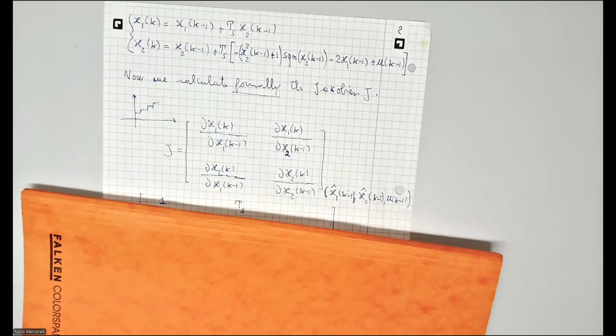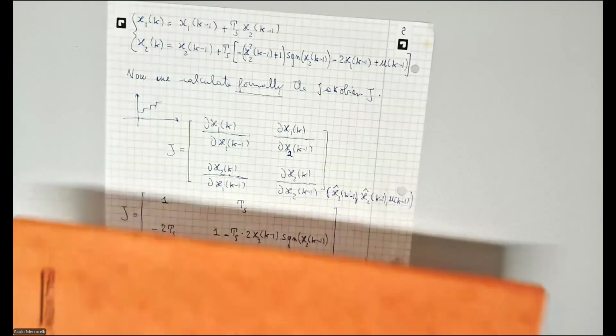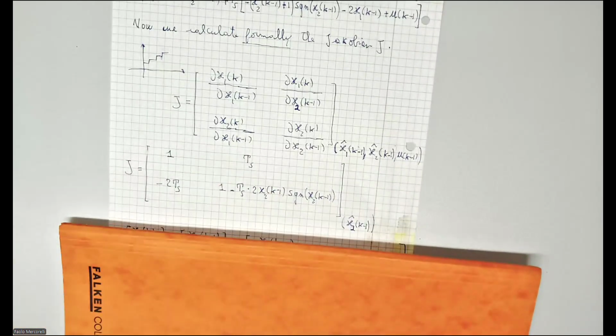We have a different Kalman filter. We have an unscented Kalman filter, which doesn't use the Jacobian. I don't have time to tell about this. But at the end of this course, you have the possibility to go ahead with different Kalman filters. The unscented Kalman filter is one of them in the family of Gaussian white noise Kalman filters. But you have many other Kalman filters related to not Gaussian white noise, but this is a really more advanced thing.